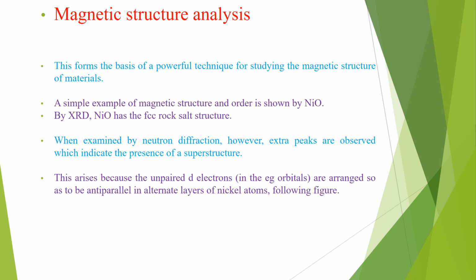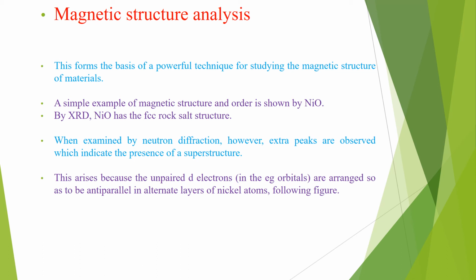Since the neutron possesses a magnetic dipole moment, it interacts with the unpaired electrons and consequently is diffracted by both atomic nuclei and unpaired electrons. This forms the basis of a powerful technique for studying the magnetic structure of materials.